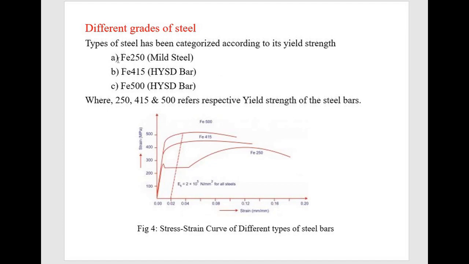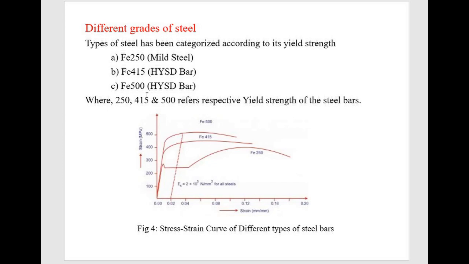Here, actually, this Fe 250 is gone. We are not using it at all in construction, but we can use it for small research work. This Fe 415 is the most common steel, and then Fe 500.